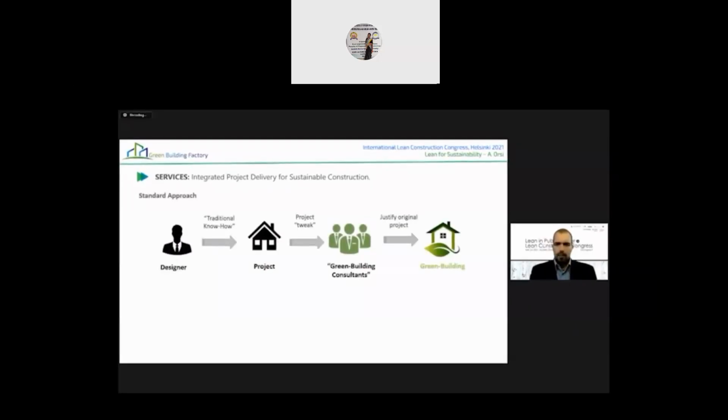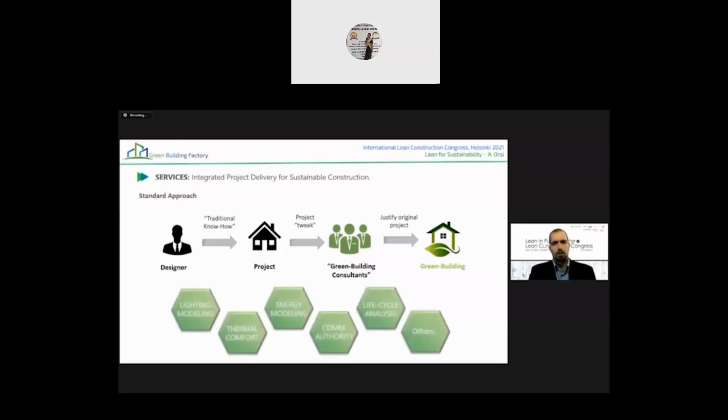Going back to what we just said, we have the standard approach where you have the designer, the traditional know-how of the project, and then the green building tweaks or the consultant. And this happens, for the vast majority of projects that we see, for different types of services, like energy modeling, daylight analysis, commissioning authority, thermal comfort modeling, and so on.